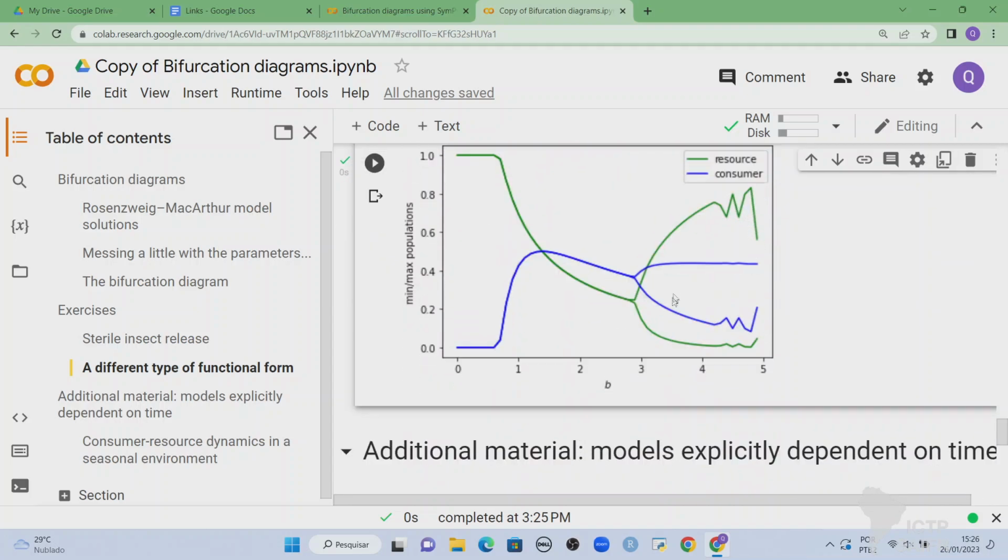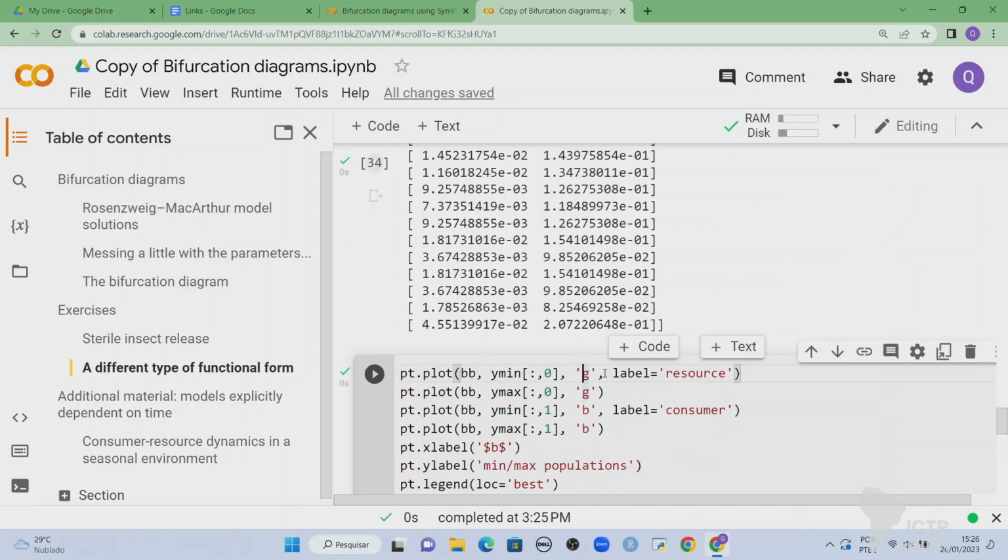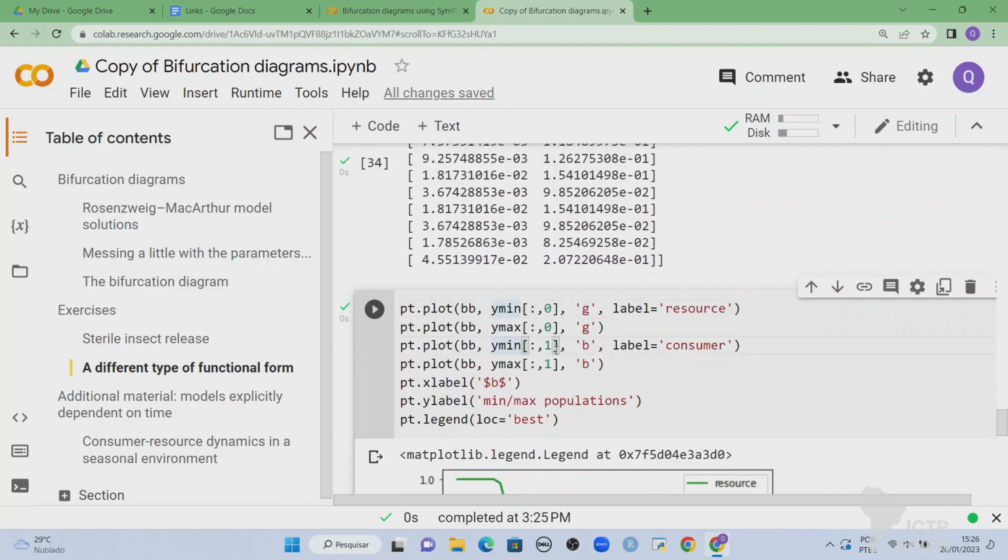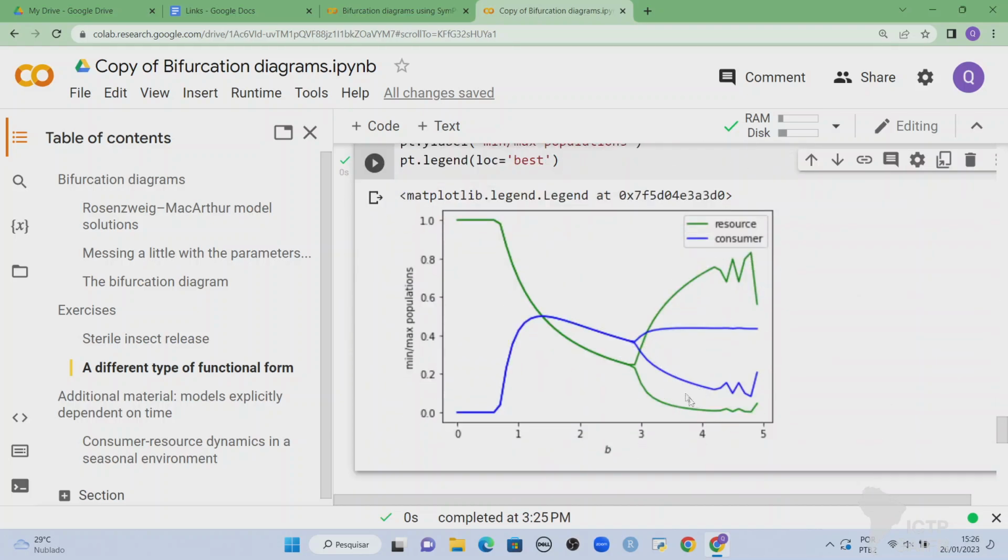Then I take the second column, the minimum of the consumer and the maximum of the consumer, both of them in blue, so they show up in the same color. This is why I specify the color, so both of these lines have the same color because they both are related to the consumer. If I don't put the colors, it should give you 4 different colors. That's not nice.